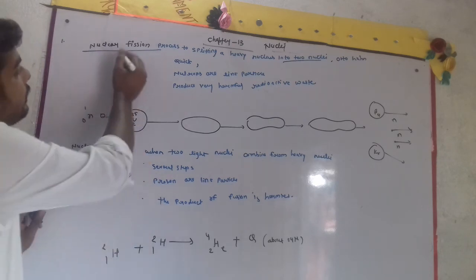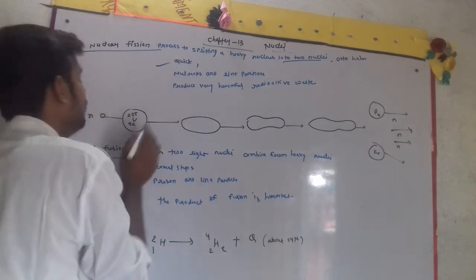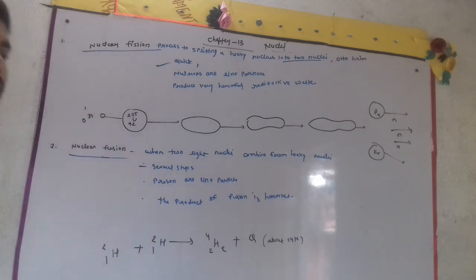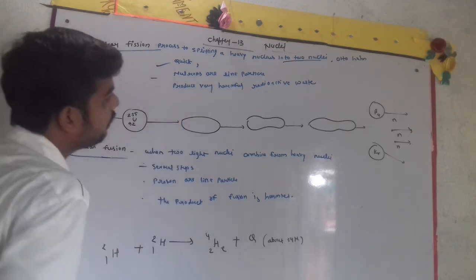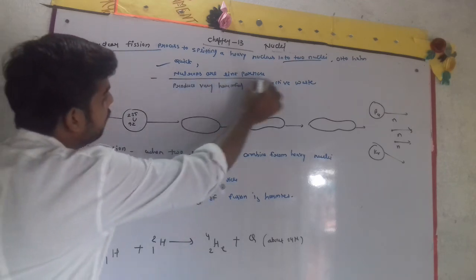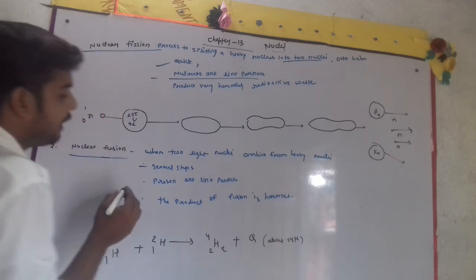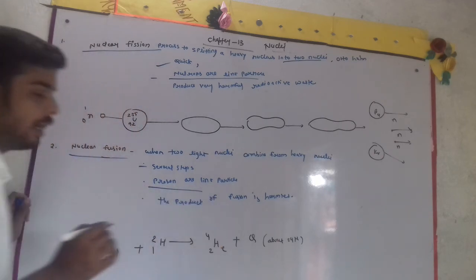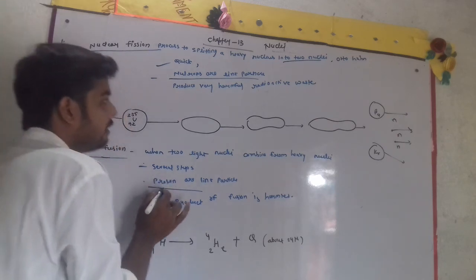Nuclear fission is a very quick process, but nuclear fusion takes several steps to occur. The third point is the link particle. In nuclear fission, neutrons are the link particle, whereas in nuclear fusion, protons are the link particle.